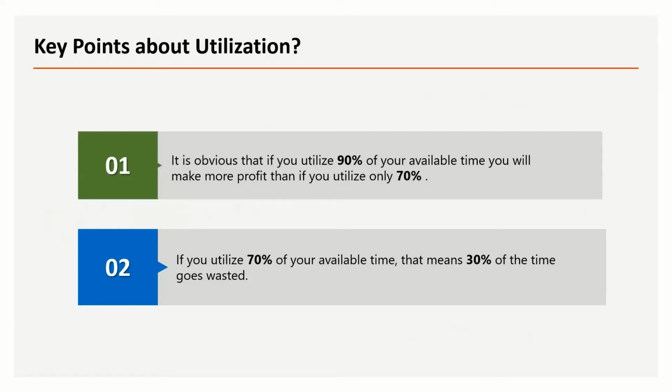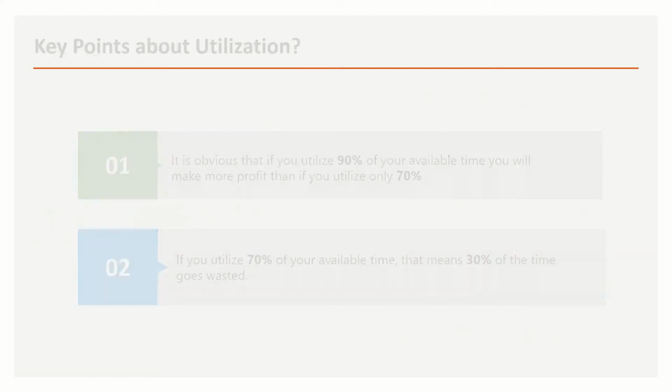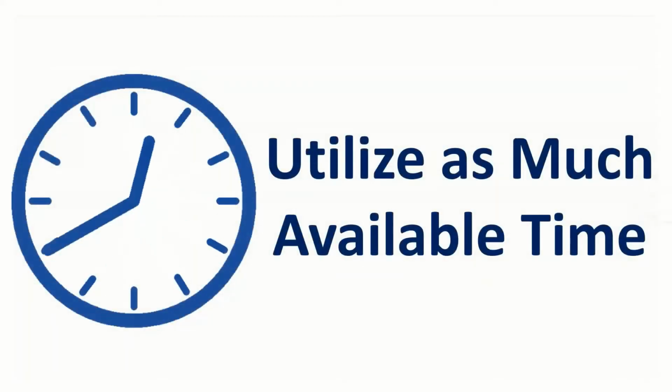So if you have decided to do something in 1 hour, make sure that you spend 1 hour of quality time doing that particular task. It could be anything that you have decided. So it is just an example I'm giving. I hope you have learned something from this video. Utilize as much available time as possible to be more productive, to be more efficient.